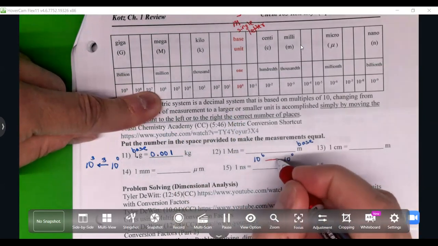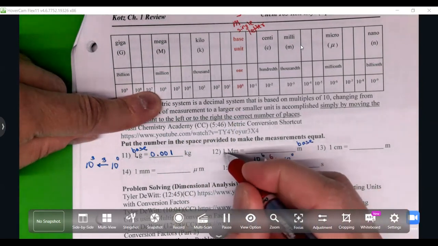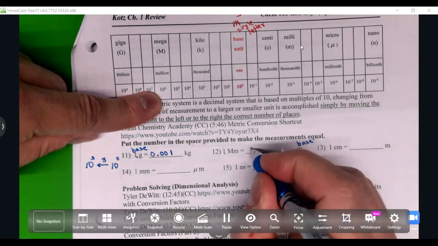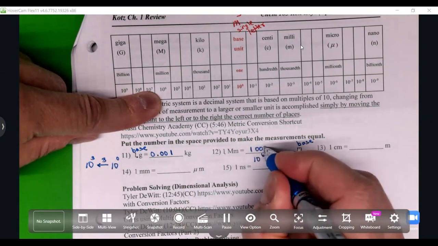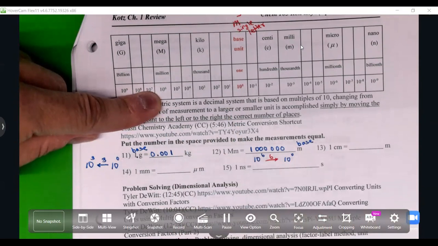I just have to take my decimal point to the right 6 places, right? And if I take my decimal point right here to the right 6 places, I'm going to get a 1, 0, 0, 0, 0, 0, 0. 1 megameter should be 1 million meters.